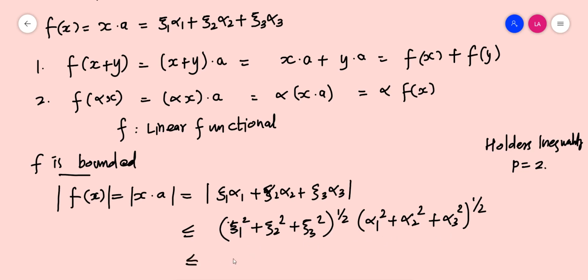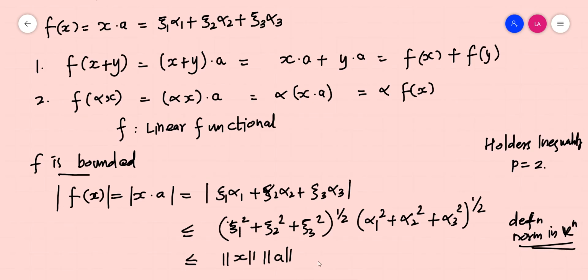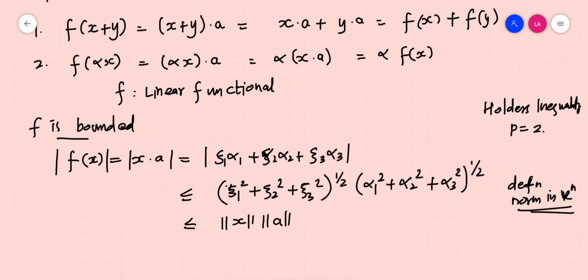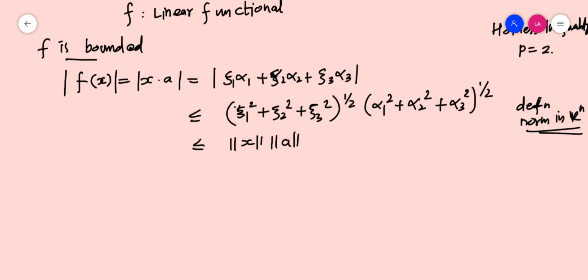So this is less than or equal to norm x times norm a, using the definition of norm in R. Clearly, modulus of f of x is less than or equal to norm a times norm x.